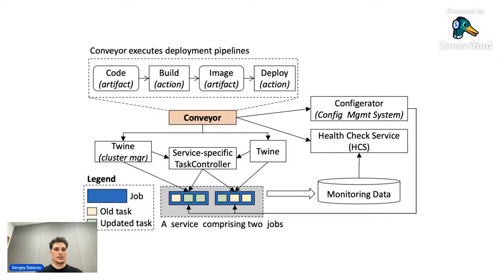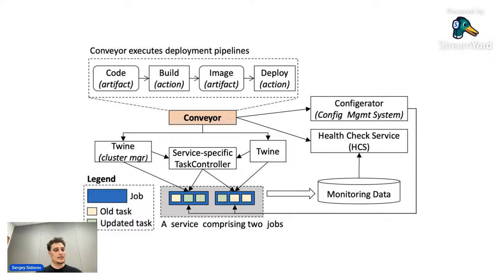On this diagram, you can see that we have a deployment pipeline to build code, to create an image, and to deploy it. And all of this is managed by Conveyor. Conveyor is also integrated with the configuration management system. It is also integrated with the health check service, a component similar to what we already saw on the diagram before.